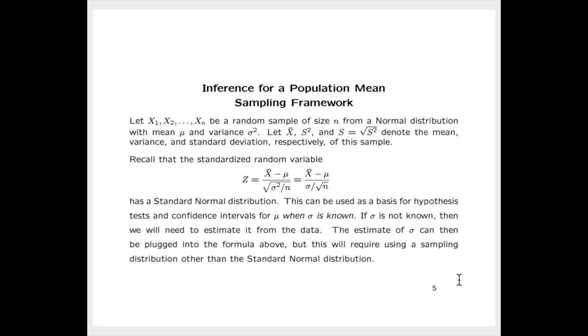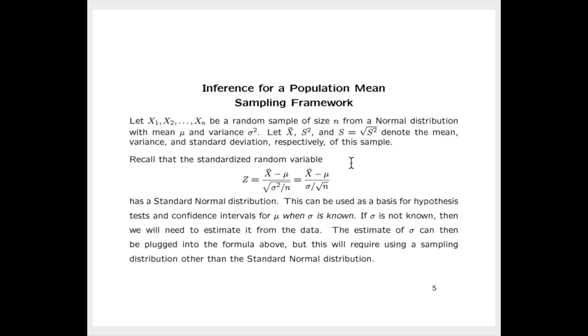So in this situation, we're going to let x1, x2, and so forth up to x sub n be a random sample of size n from a normal distribution, the mean of which is mu, and the variance of which is sigma squared. We'll let x bar, s squared, and s denote the mean, variance, and standard deviation, respectively, of the sample.